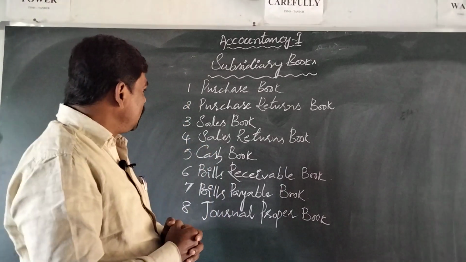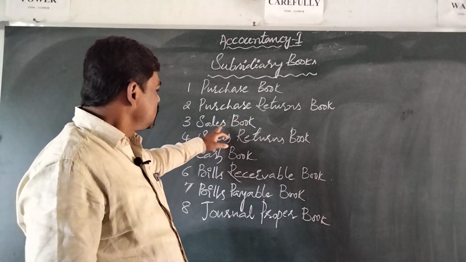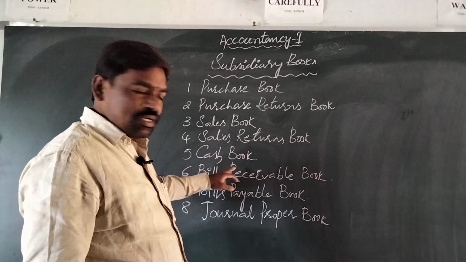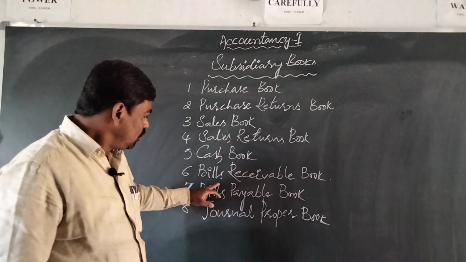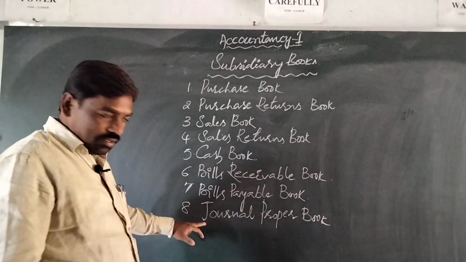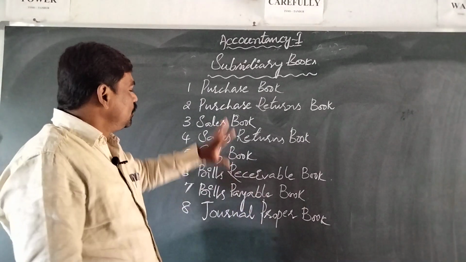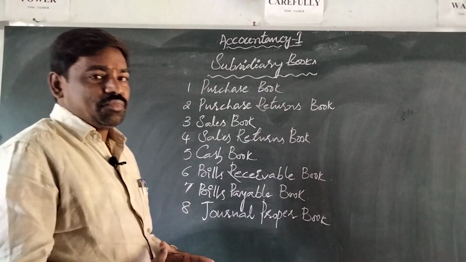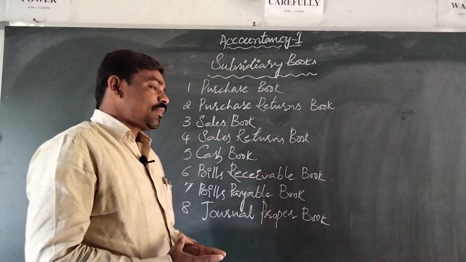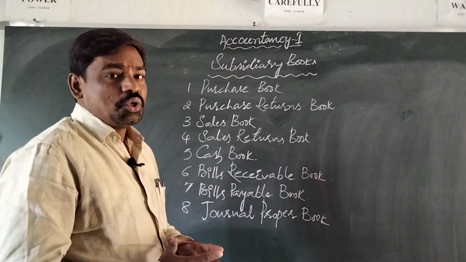They are namely purchase book, purchase returns book, sales book, sales returns book, cash book, bills receivable book, bills payable book, and last and final one, journal proper book. So these are the 8 subsidiary books which are used in a big organization in place of journal.